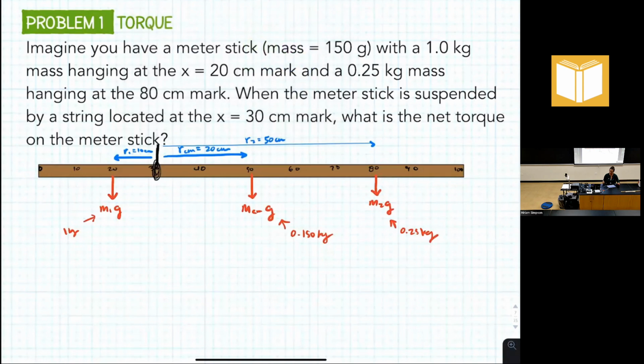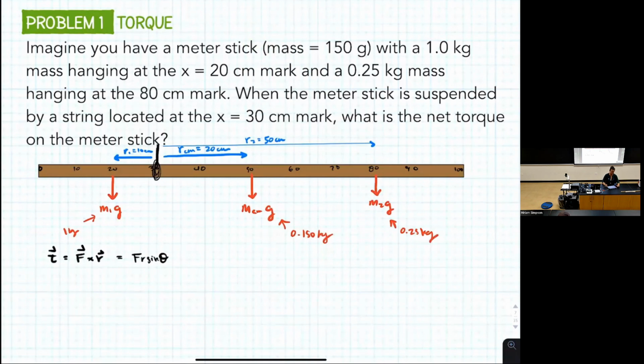So in order to calculate torque, we know that torque is equal to F cross R. We have our forces and we have our R's. That means it's FR sine theta, and just don't forget about the signs. The signs will come from the cross product, but we'll talk about how we get them in a simpler way.